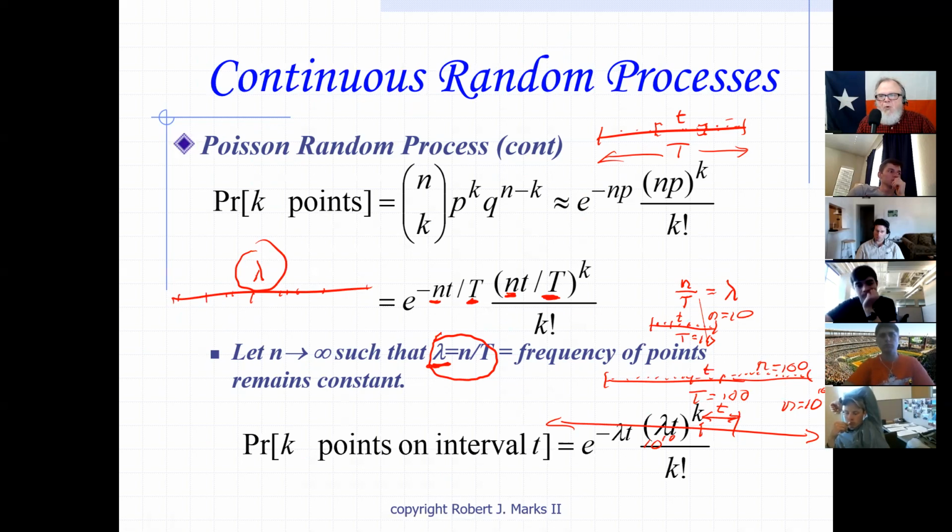The lambda for popcorn is going to be a lot bigger than the lambda for cars, because popcorn pops really quickly, pop, pop, pop, whereas the cars will go car, car, car. The lambda would be a lot smaller. So we see these Poisson processes as very ubiquitous in the world, and this result is very useful.